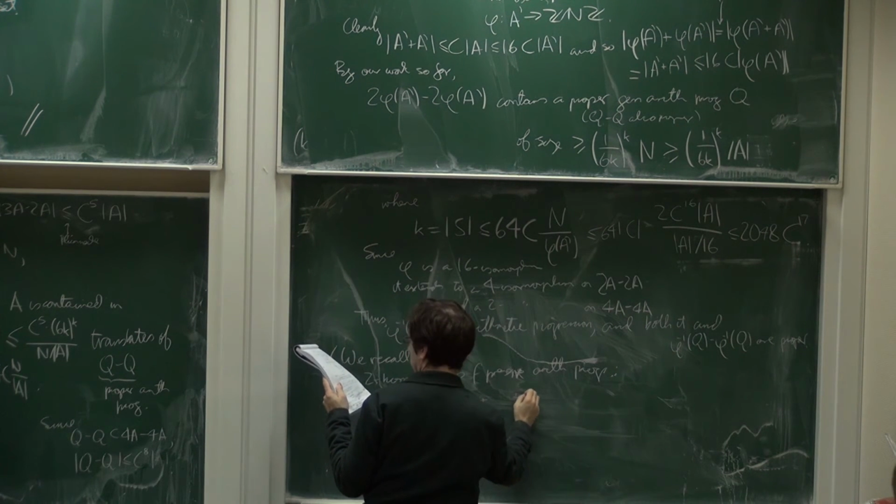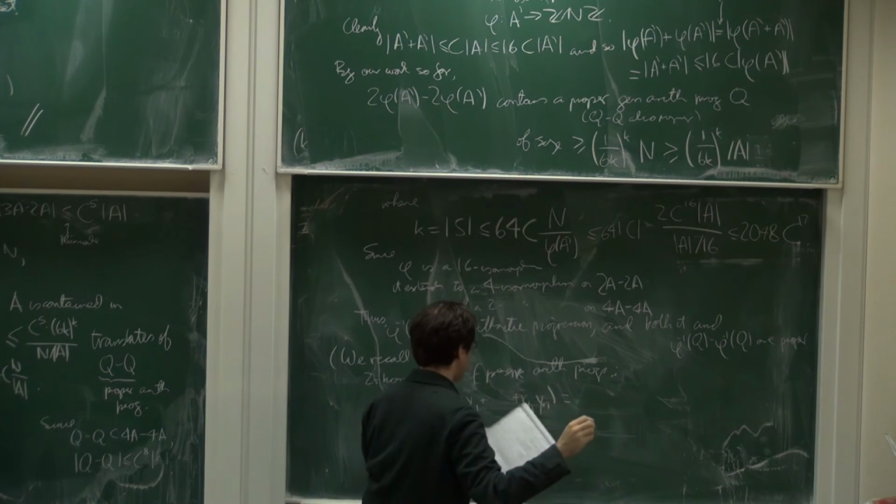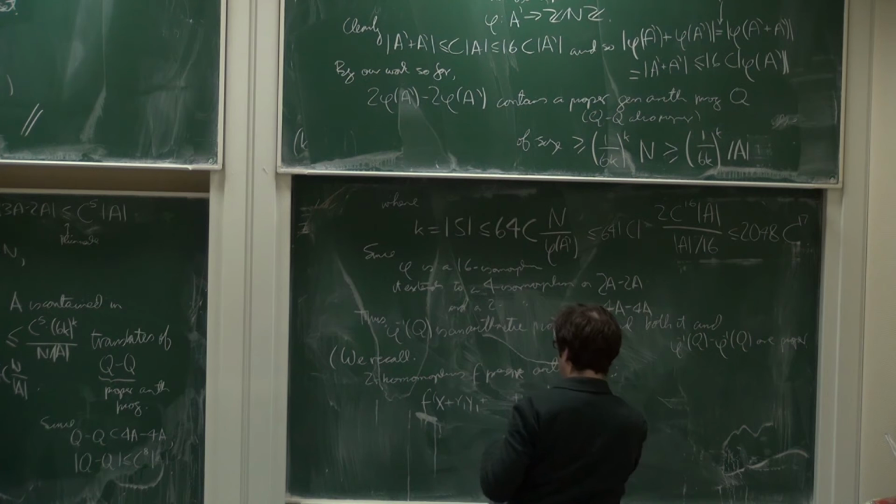Why? It's very easy. You see, this is f of everything, but with (n−1) here, plus yn. And so, because f of x plus y is, well, you will see.